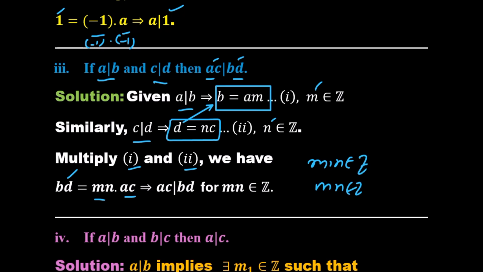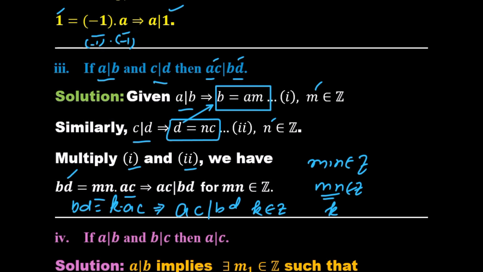You can write it as another integer, suppose this is K. So this becomes BD is equal to K times AC. And if you write this equation in the form of divisibility, we can write it as AC divides BD for some integer K belonging to Z.